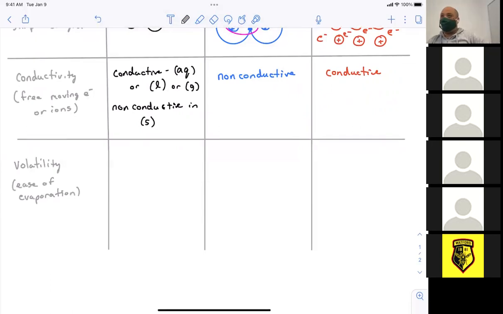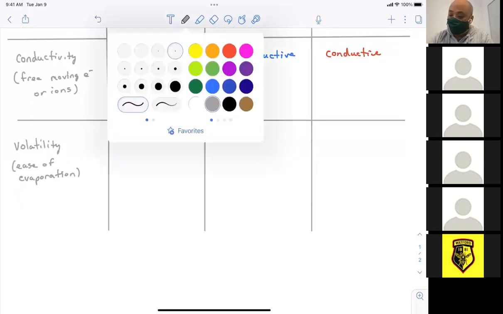When you say someone's personality is volatile, you mean it's very explosive or dangerous. But volatile in itself just means that it evaporates very easily. Now, a lot of things that evaporate very easily are flammable or explosive, and that's why there tends to be a connection between the two, but it's not always true.